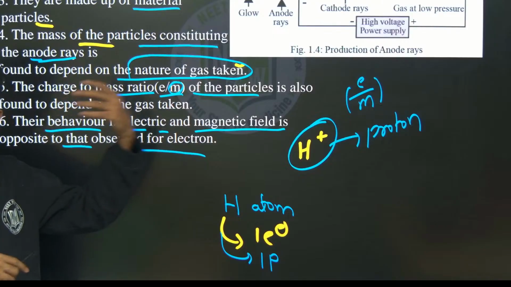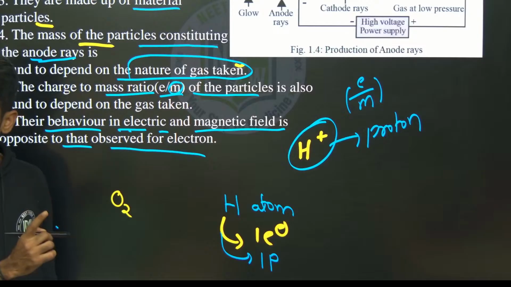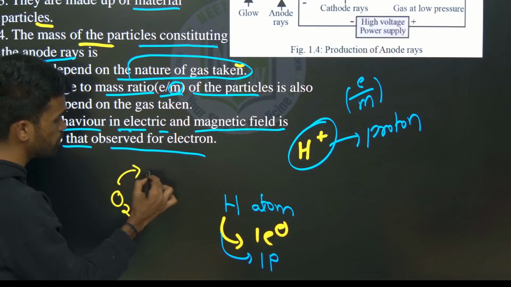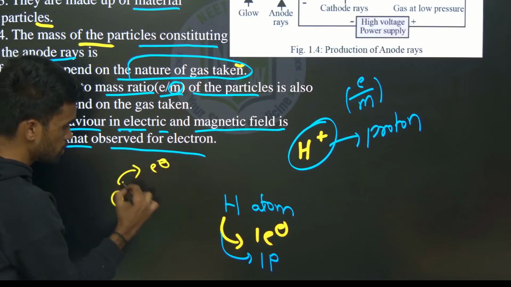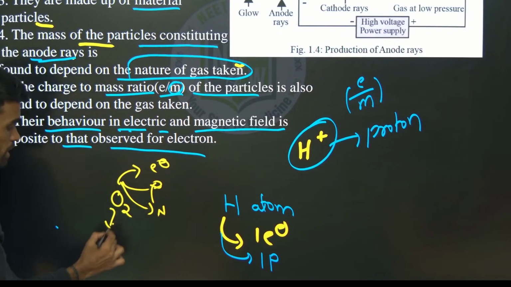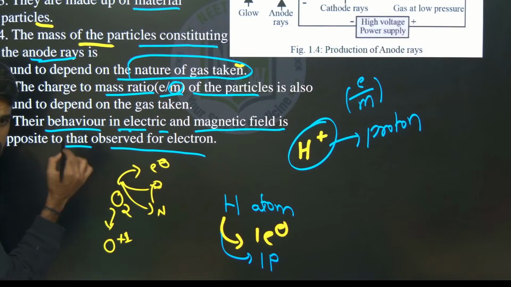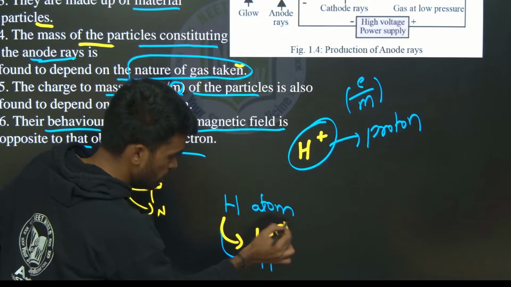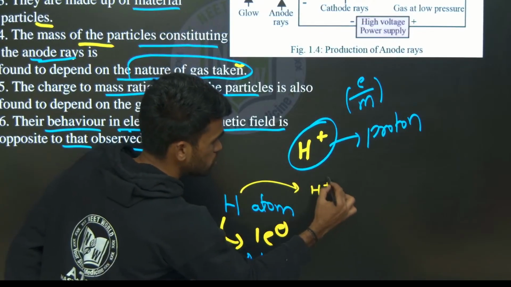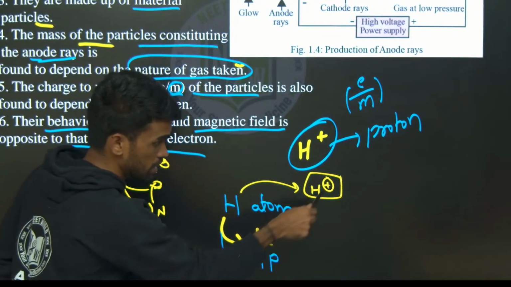If you take any other gas like oxygen, you are going to have electrons, protons and neutrons. So if you get any particles from these, you call them cations. But in this case, if you remove the electron from hydrogen, you have H plus. Does it have an electron?